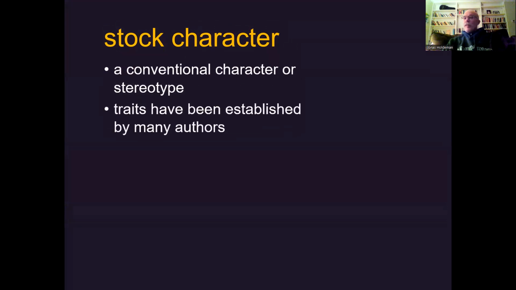Because they've been established by authors, the readers, the audience, is meant to essentially distill or crystallize their attributes into a type that then has a meaning, a relationship relative to the more dynamic and more fully developed characters that are in the narrative.